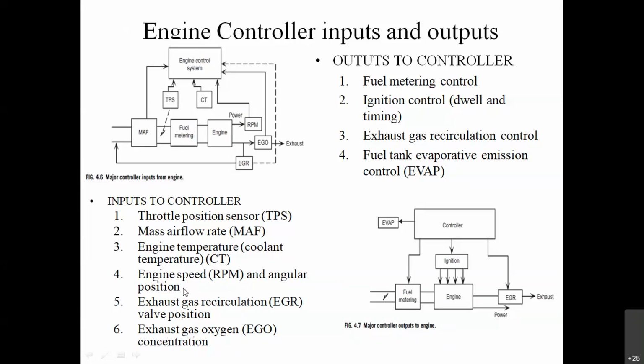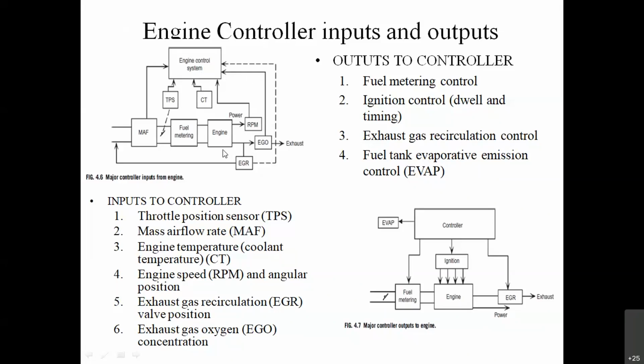Angular position of the engine is nothing but the position of your crankshaft and camshaft. Then the exhaust gas recirculation valve position: how much exhaust gas needs to be recirculated is decided from this signal. And the exhaust gas oxygen concentration: oxygen sensors are used which represent the amount of oxygen existing in the exhaust gases, and that will be taken as an input to improve the performance of the engine.